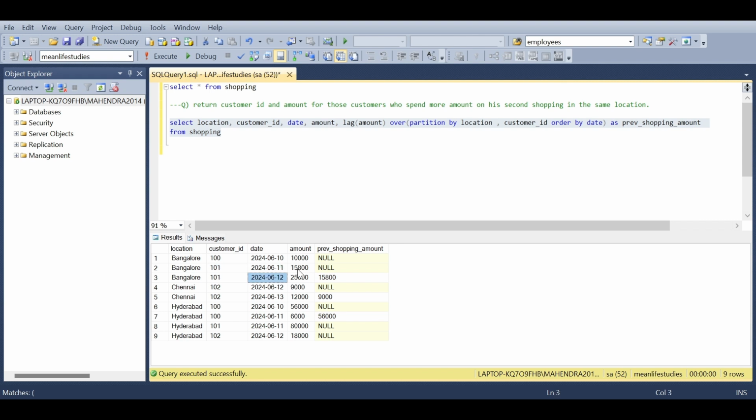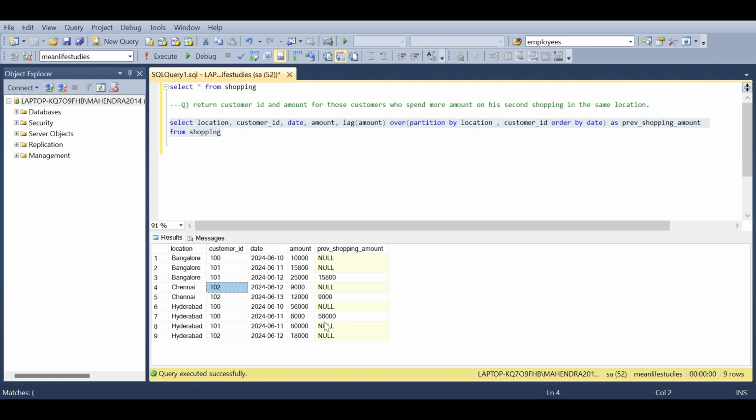On 11th, 101 has not shopped before, so it is returning null. Now if you see this, the previous amount of shopping is 15,800. Likewise you can check with all, wherever a customer shopped for the second time, that row only will be returning a value. Because this is the only one in Chennai, there is no previous shopping by 102.